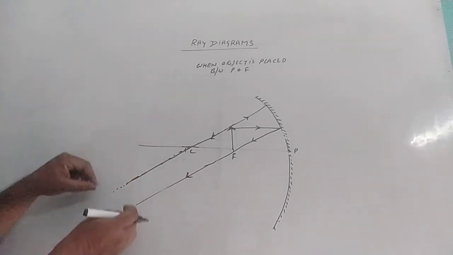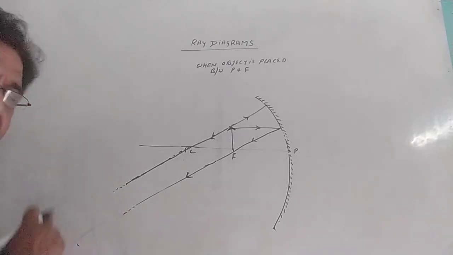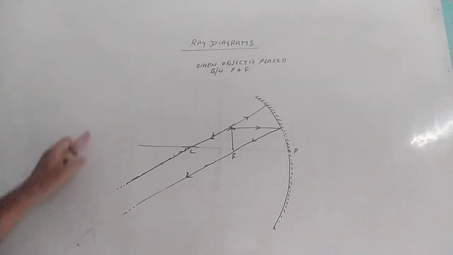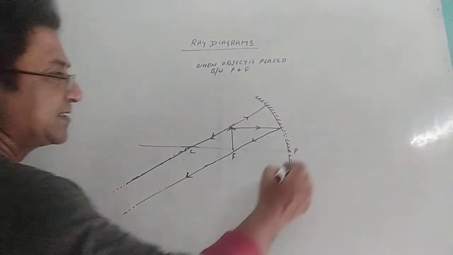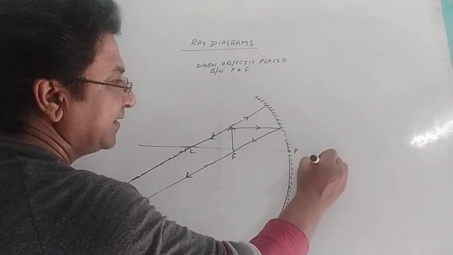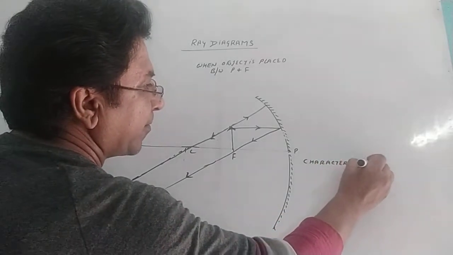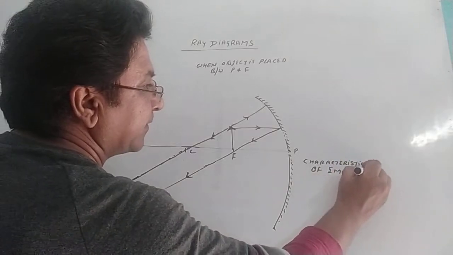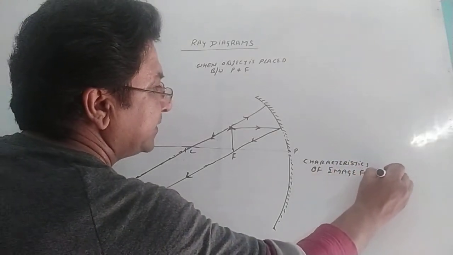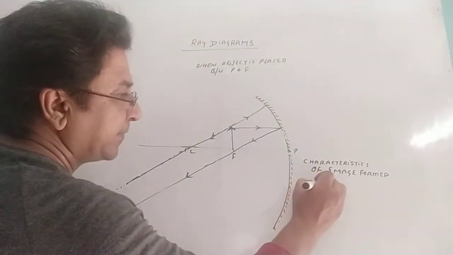डायग्राम यहीं छोड़ देना है और मान के चलना है कि ये इंफिनिटी पे मिल रही है. जब मिलेंगी तो नीचे हेड होगा और ऊपर हम प्रिंसिपल एक्सिस से मिला देंगे. तो एक्चुअली मीट कर रही हैं तो कैरेक्टरिस्टिक्स में कहेंगे रियल इमेज. Characteristics of image formed: number 1, the image formed will be real.